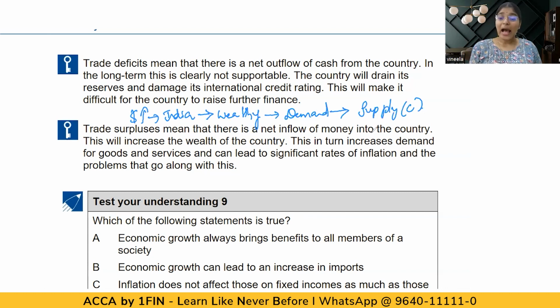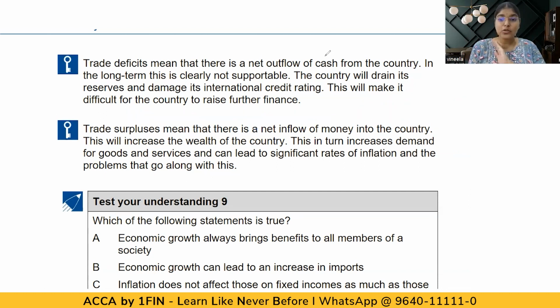No, it is not possible. As the supply remained constant, businessmen could not meet this demand, so they will start raising prices. A simple thing: a rise in the price level in the country is nothing but inflation. So this is the reason why a country is not supposed to have a trade surplus for a longer period of time either. Either surplus or deficit for a longer period of time is not supportable for any country. This is the concept of balance of payments.